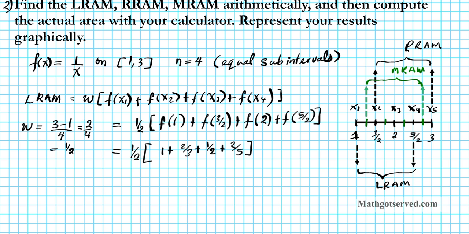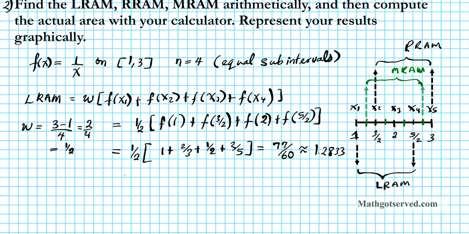Okay, now if we plug this entire expression into a calculator, we'll get 77 over 60, which is approximately 1.2833. All right, so that's our left-hand rectangular approximation. Let's write it down here so you can see it clearly.